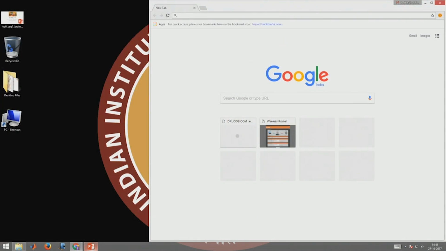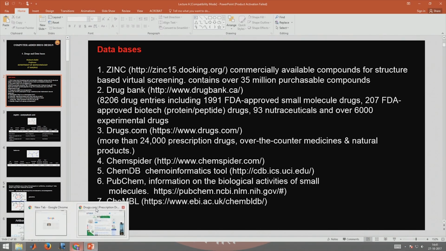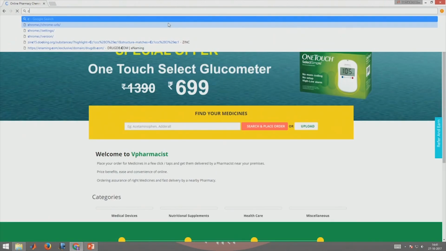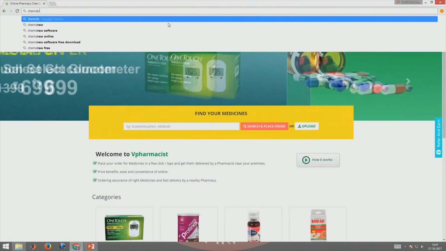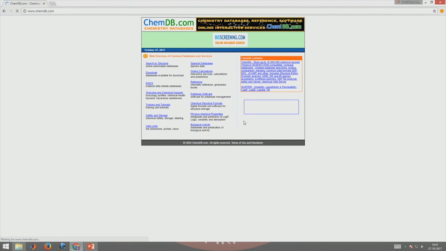So, other databases, let us look at. You also have this ChemDB, that is another database. ChemDB is a chemical database online.